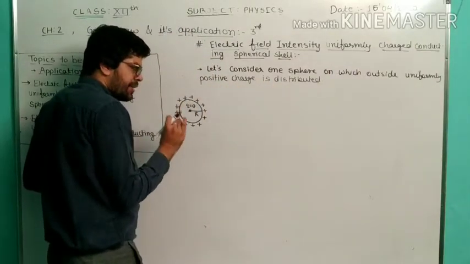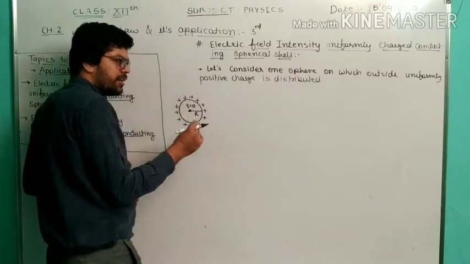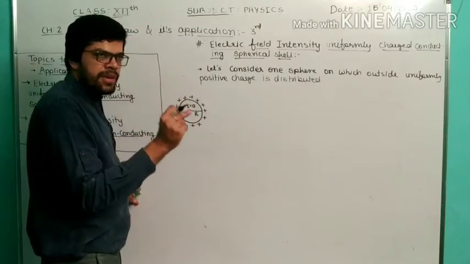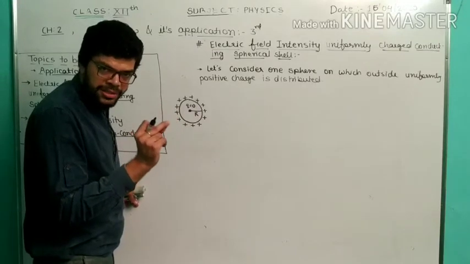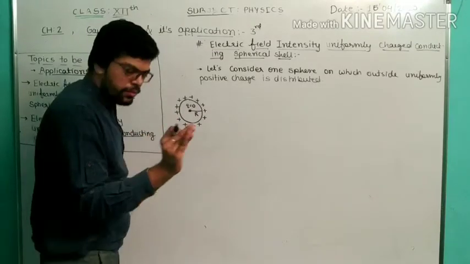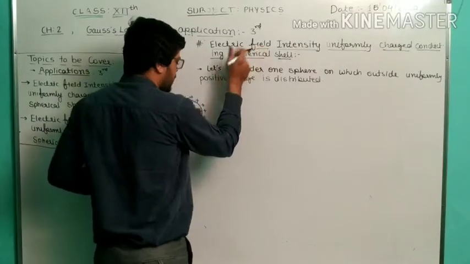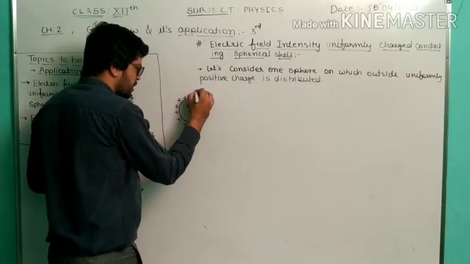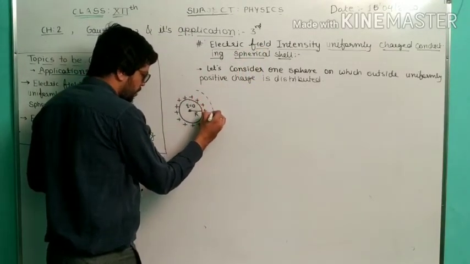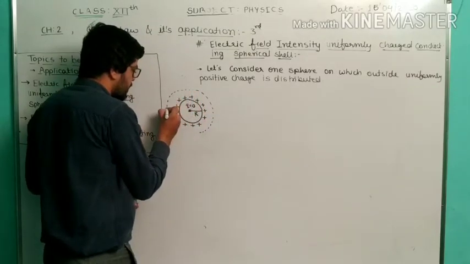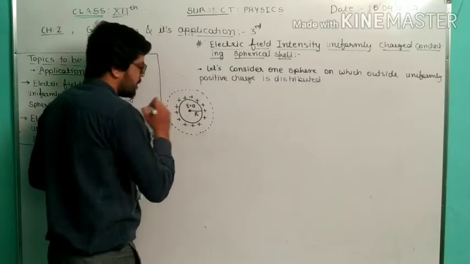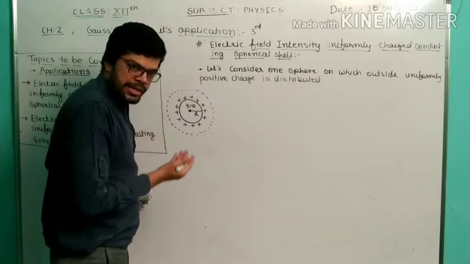Another very important thing to know, a definition we use again and again in Gauss's law: the region around the charge is called the electric field. What we want to find out is the electric field, so this is the charge and the region around it.